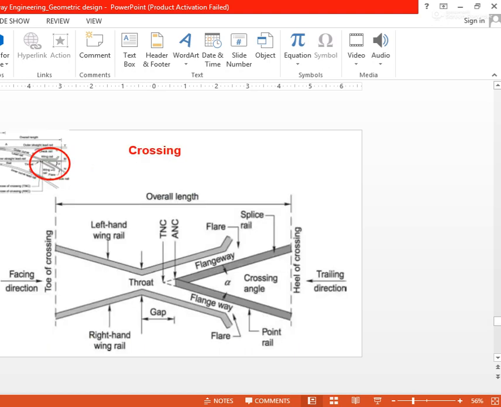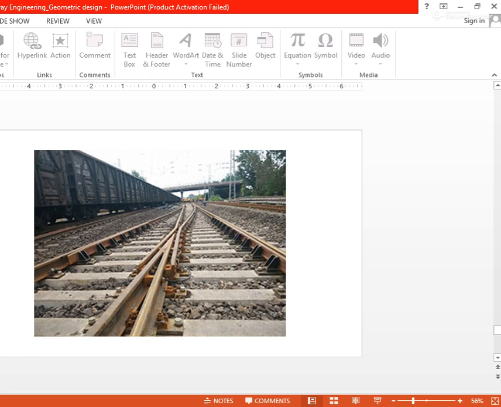Now specifically, which is an acute angle crossing? Acute angle crossing means the crossing should have the throat, theoretical nose, actual nose, then flange way, crossing angle. Such components should be in the crossing section. Then we can say this crossing is the acute angle crossing.